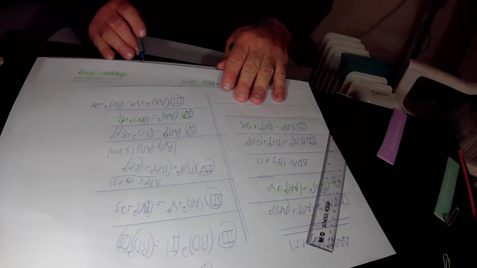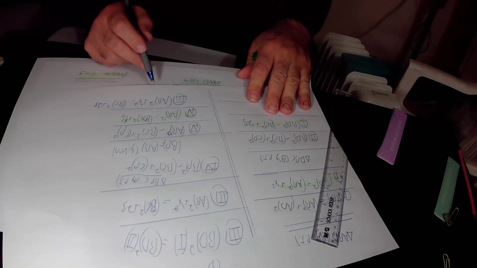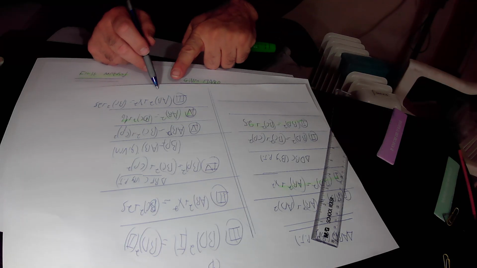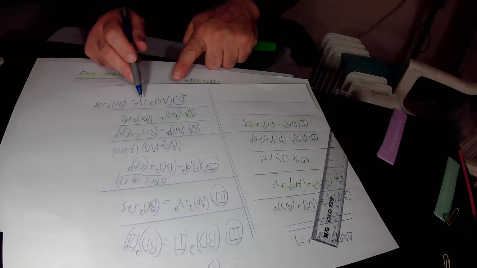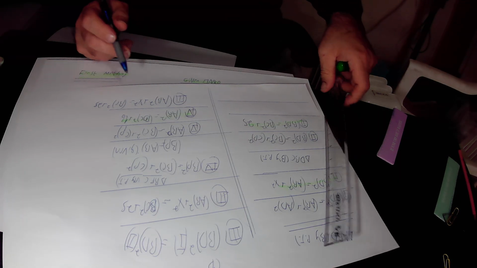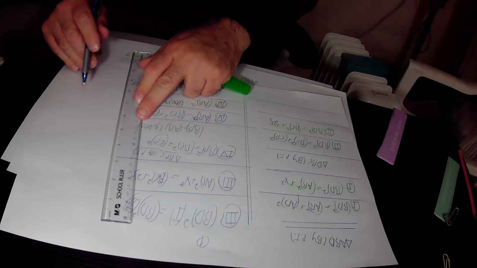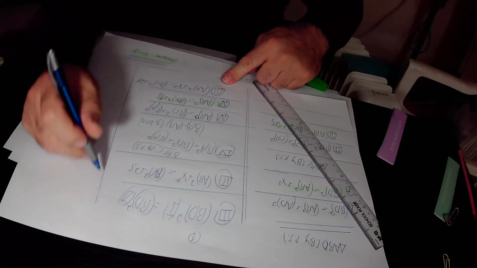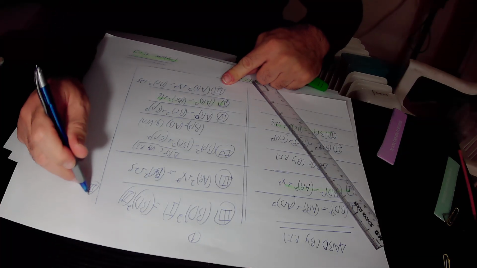But because according to equation 4, AB squared equals BC squared plus 16, we will substitute AB squared in equation 3 by BC squared plus 16. So according to equation 3, we have here AB squared.